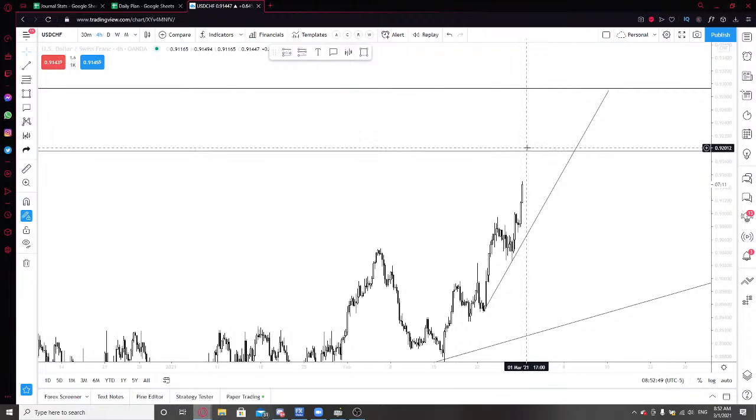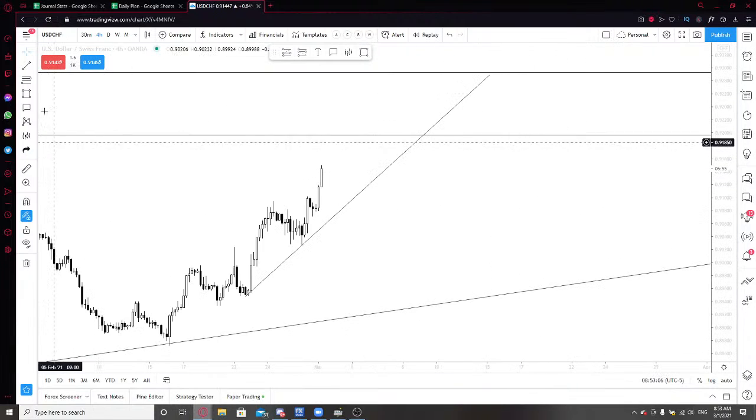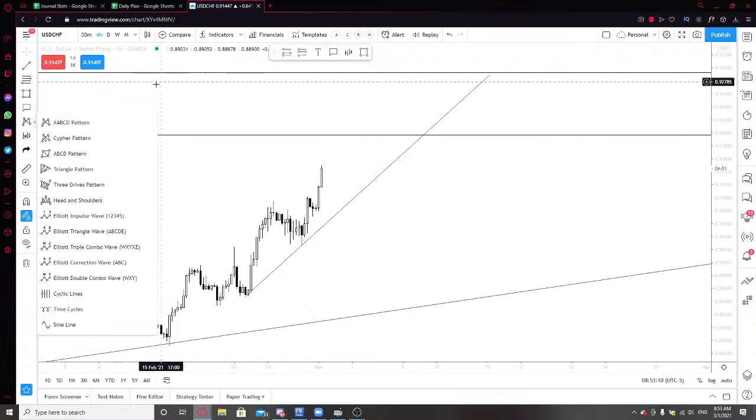If it forms a reversal pattern, I'll start looking for short-term sells, possibly down to this trend line. And also remembering that off the daily, I'm looking for a larger correction to form. So if a sell opportunity does present itself, and let me draw this out so I'm just not spitting out words.